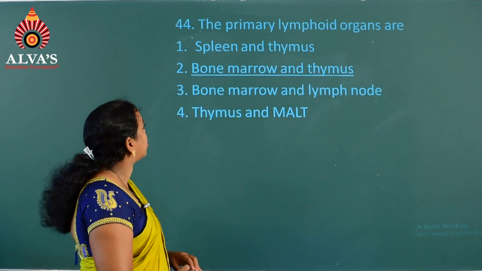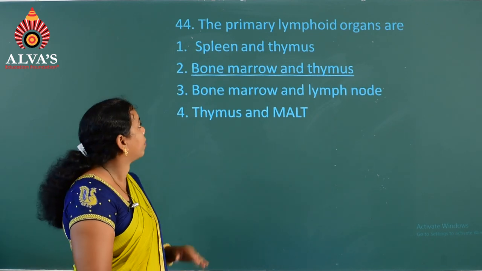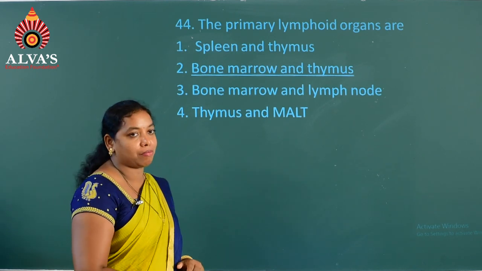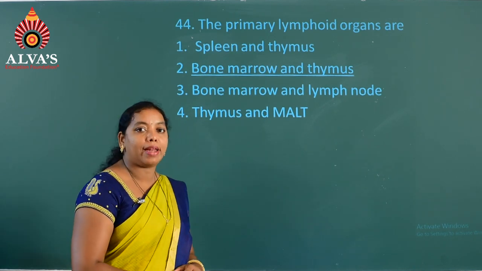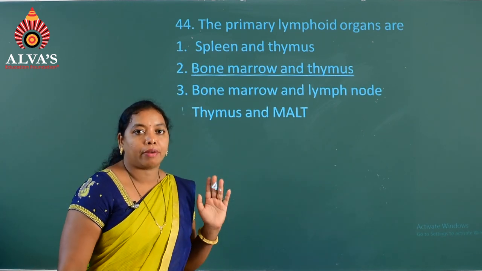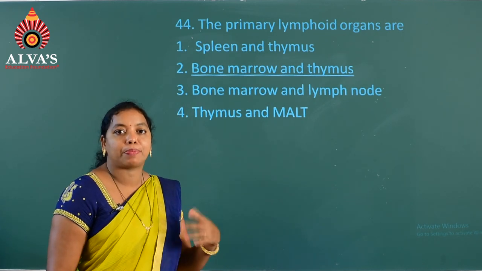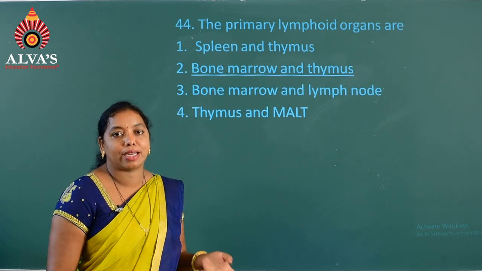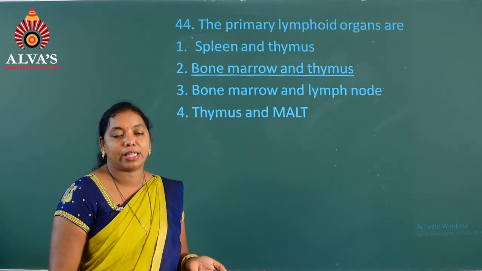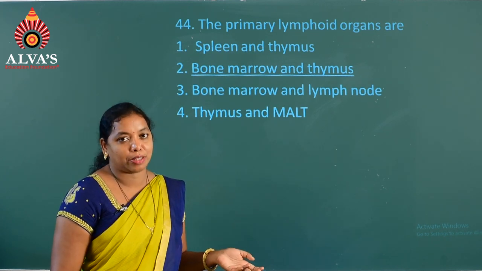The next question, question number 44. The primary lymphoid organs are: first, spleen and thymus; second, bone marrow and thymus; third, bone marrow and lymph node; and the fourth, thymus and MALT. If you consider lymphoid organs, we can classify them as primary and secondary lymphoid organs. Primary lymphoid organs are always bone marrow and thymus, where the production of T lymphocytes and B lymphocytes takes place.